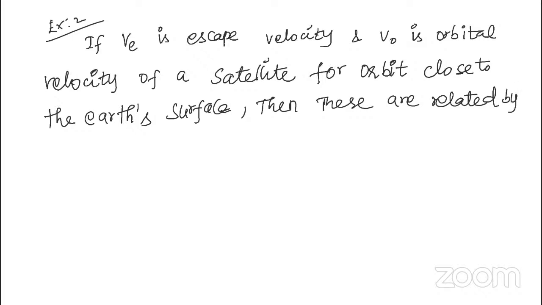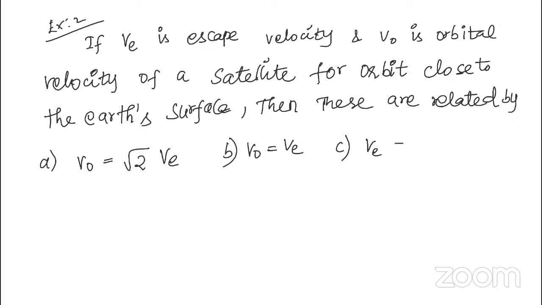Okay, so the given options are: A, V naught is equal to square root of 2 into VE; B, V naught is equal to VE; C, VE is equal to square root of 2 into V naught; and option D, VE is equal to root 2 into V naught.